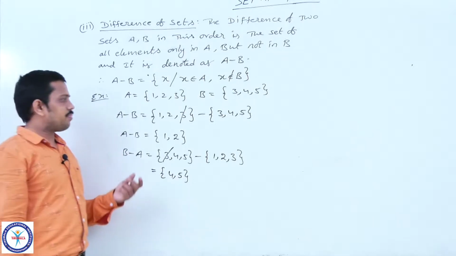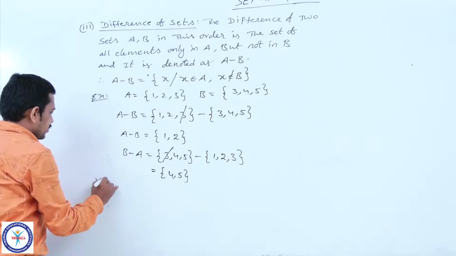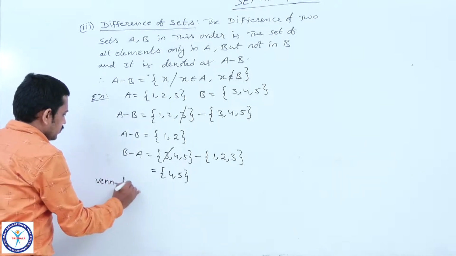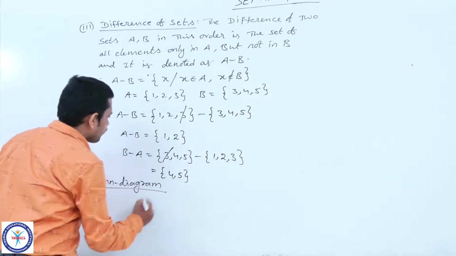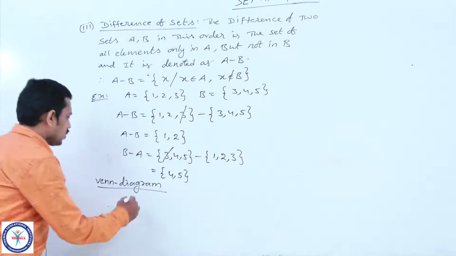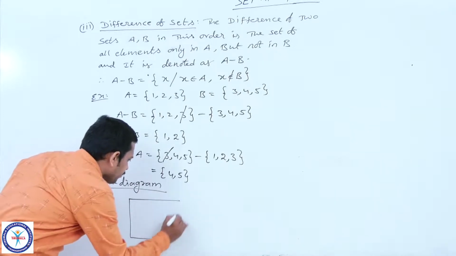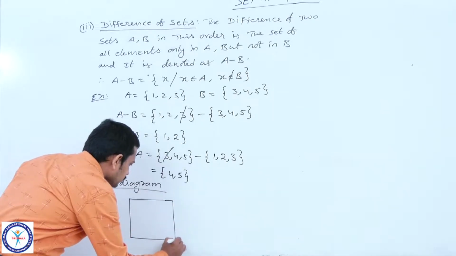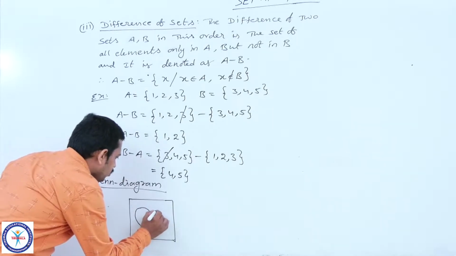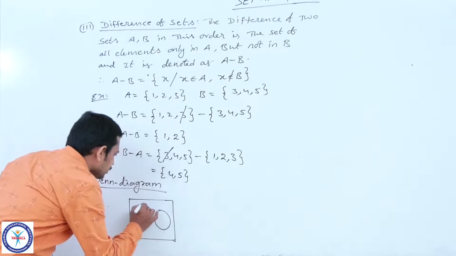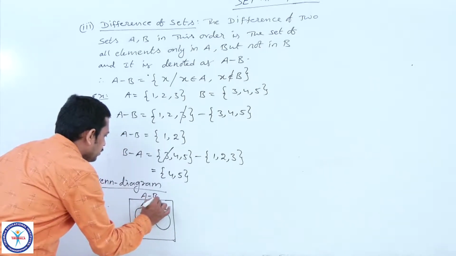So here, by Venn diagram, how can we represent A minus B diagrammatically? Venn diagram for A and B. We can take any two sets A, B. If two sets have no common elements, then what is A minus B?